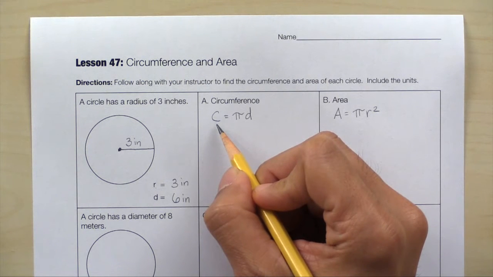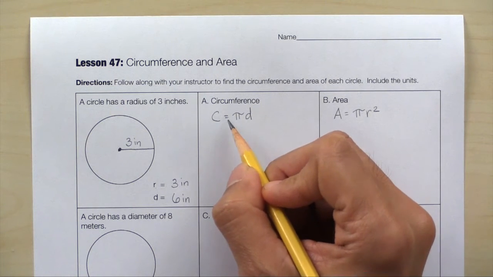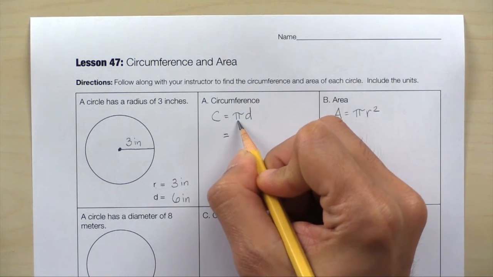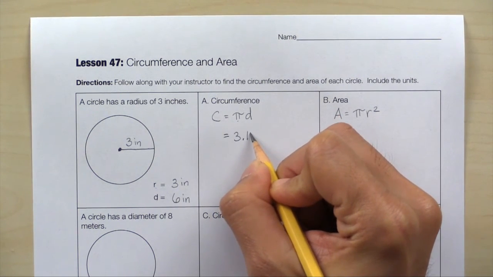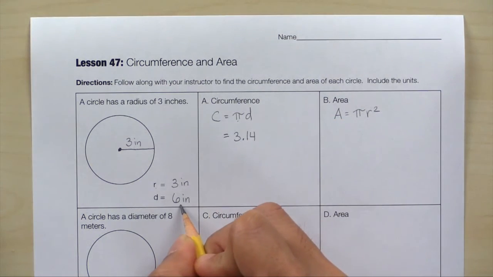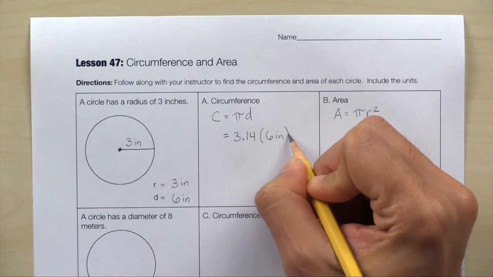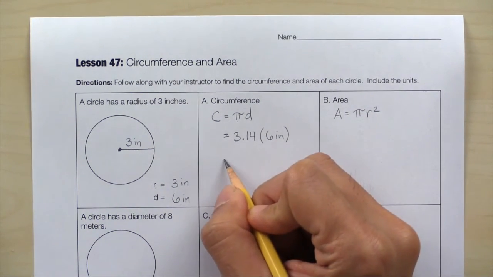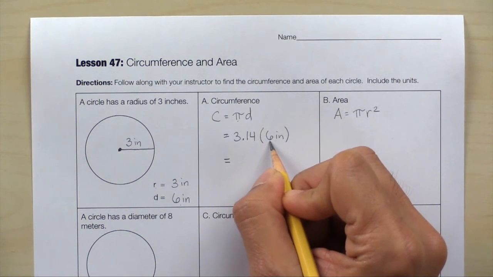The circumference of a circle is pi times d. So on the next line, we'll write down equals. Pi is 3.14. And the diameter is 6 inches. Let's simplify. 3.14 times 6.